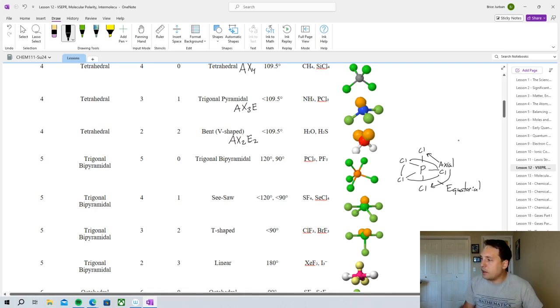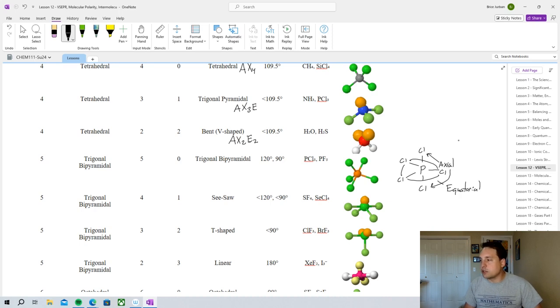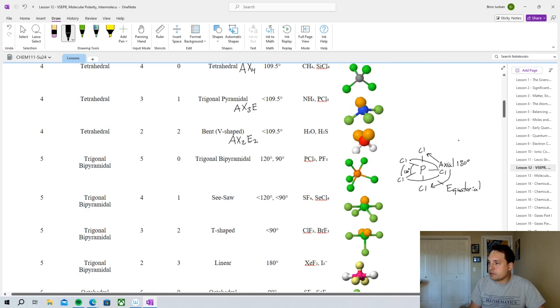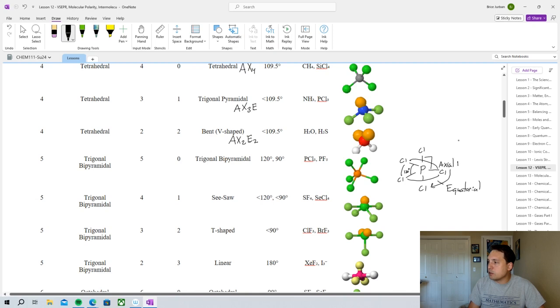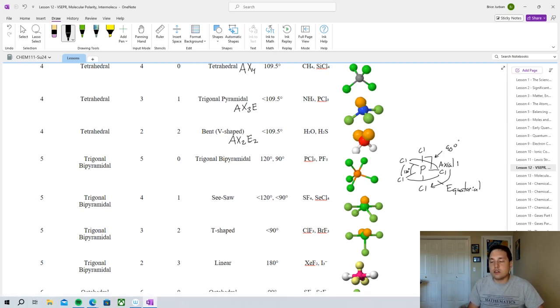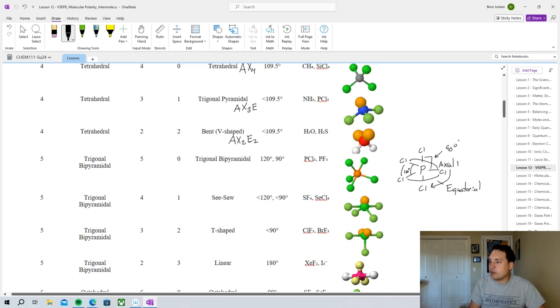And the angle between the equatorial atoms is going to be 120 degrees. So we have two different bond angles. And then the angle between the axial atoms is going to be 180 degrees. Well, I guess we look at the angle right here between these ones. So this would be 90 degrees. All right, so we have two different angles that we can represent.